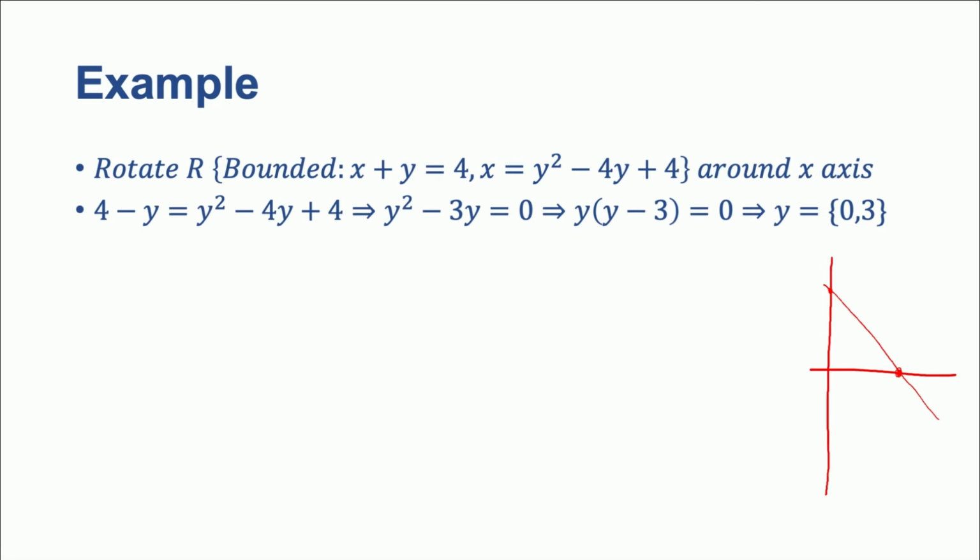The other thing that we know is where our curves intersect. They intersect at y equals 0 and y equals 3, so we have 1, 3 here. Now we can see that our parabola is going to look something like this, and there's our parabola here.